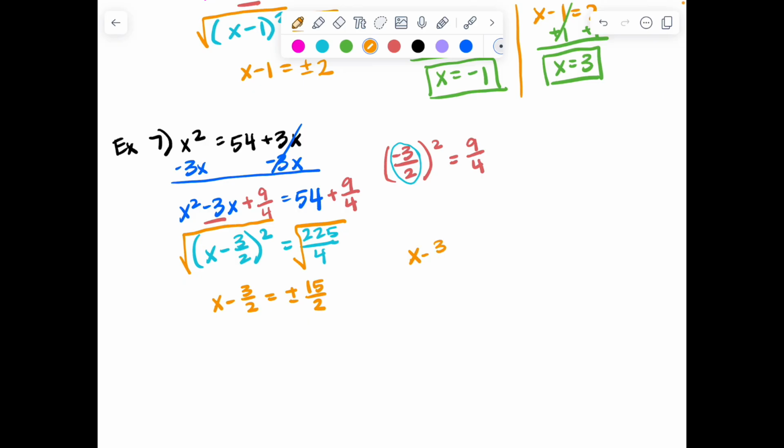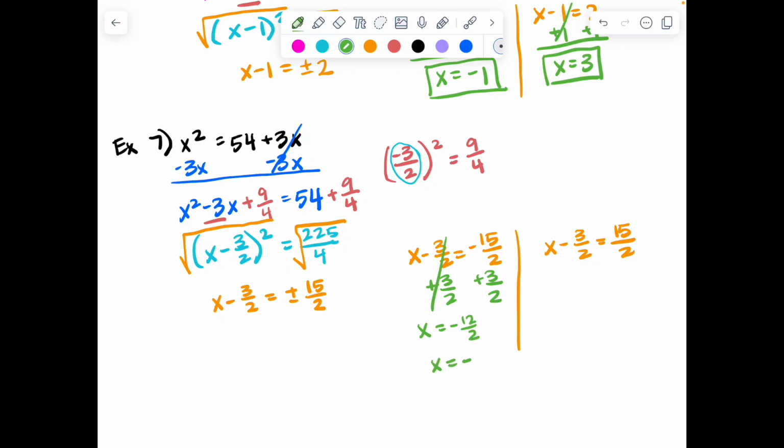So x minus 3 over 2 equals negative 15 over 2, and x minus 3 over 2 equals positive 15 over 2. We're going to add 3 over 2. x equals negative 12 over 2, which simplifies to negative 6.